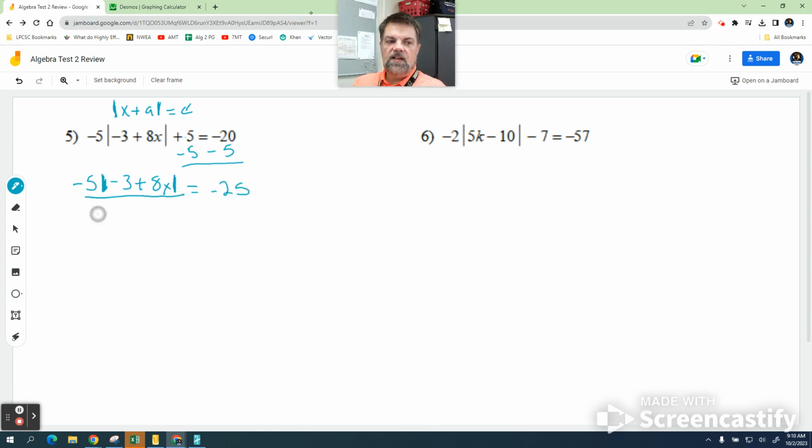Now I'm going to divide by negative 5. These will cancel, right? And then I end up with the absolute value of negative 3 plus 8x equals negative 25 divided by negative 5 is a positive 5, right?